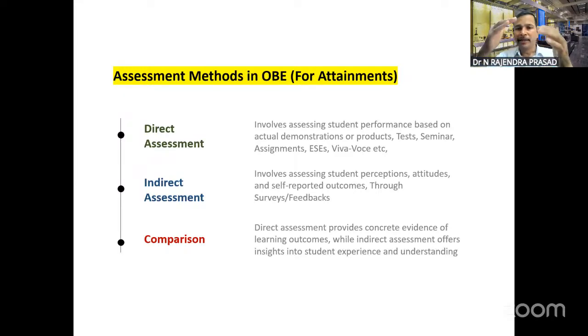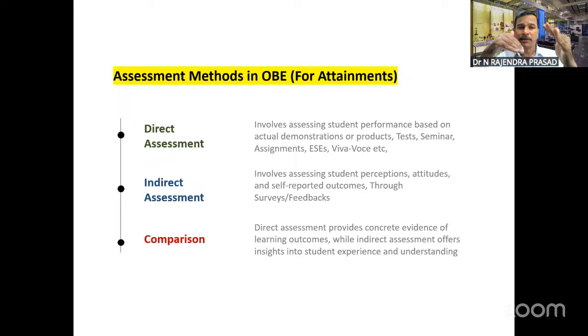It may be an internal assessment test, Viva, assignment, seminar, end semester examination, marks for industry visit, education tour, internship, whatever it is. There is a maximum marks prescribed. What is the marks secured by the student? That is compared, and you will calculate that in terms of percentage. That is direct assessment.